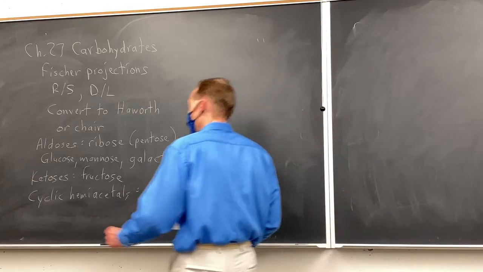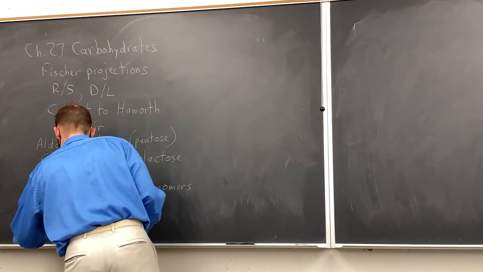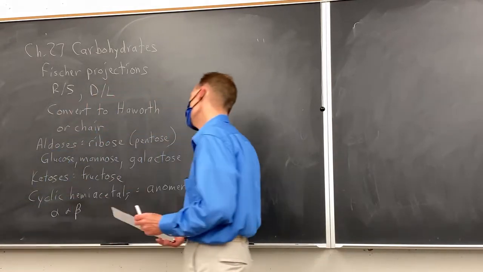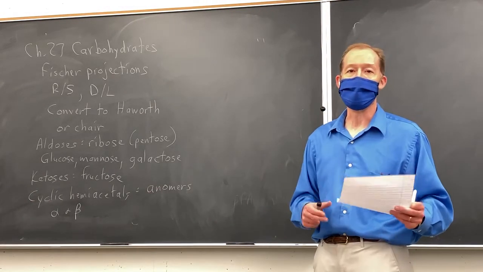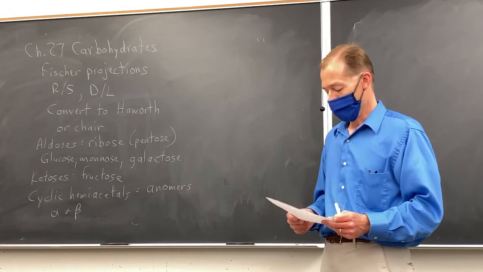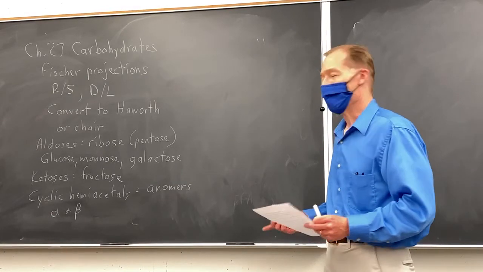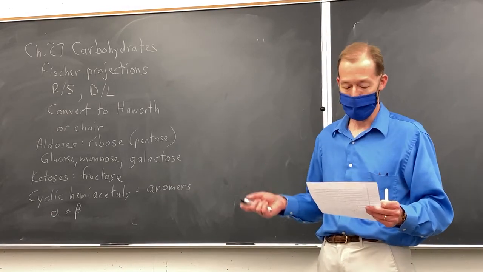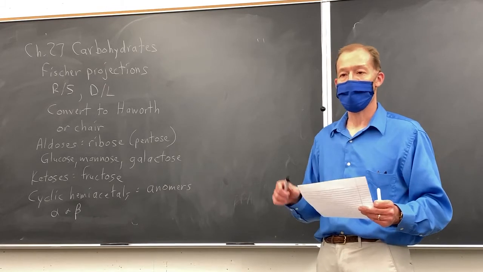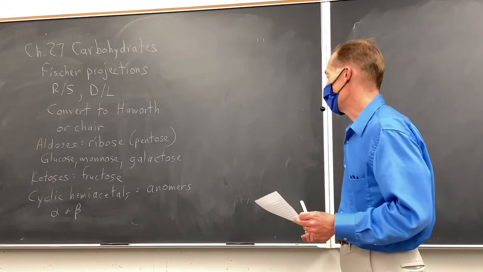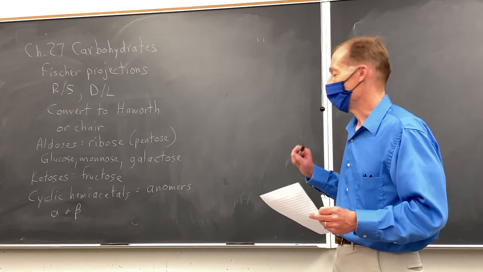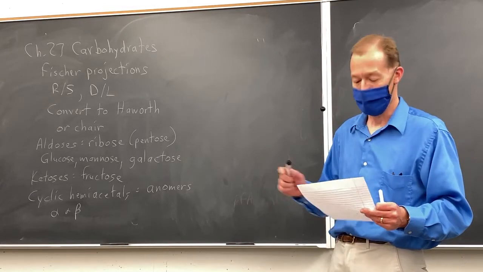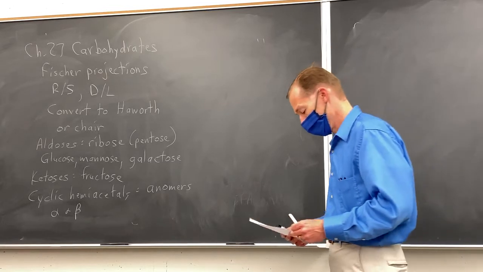And then we used the alpha and beta nomenclature to distinguish between those anomers, so you should be able to apply the alpha and beta nomenclature. Alpha having the anomeric OH trans to the primary alcohol at C5, and then beta having the anomeric OH cis to that CH2OH group. Okay.